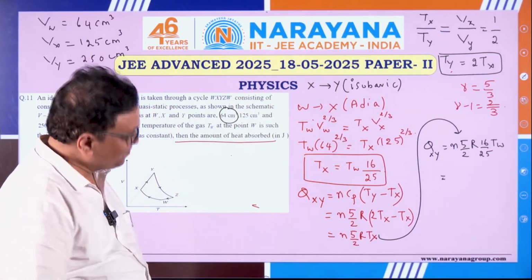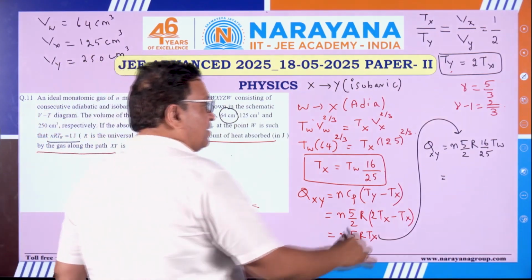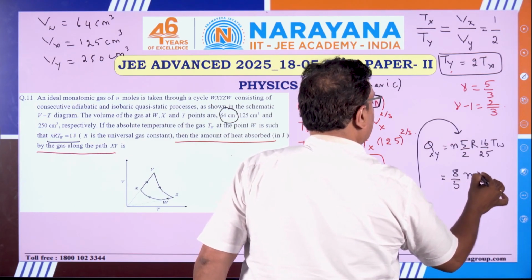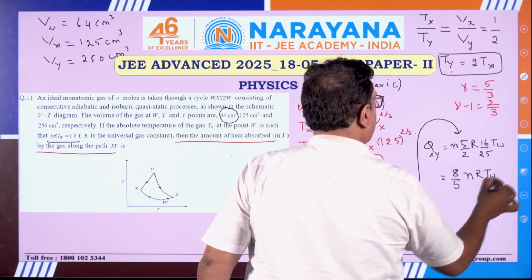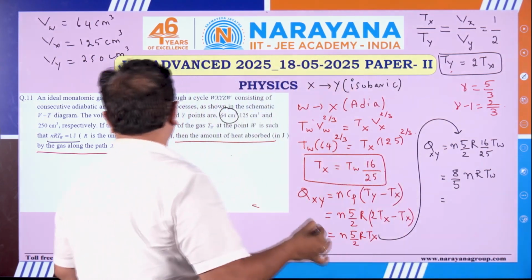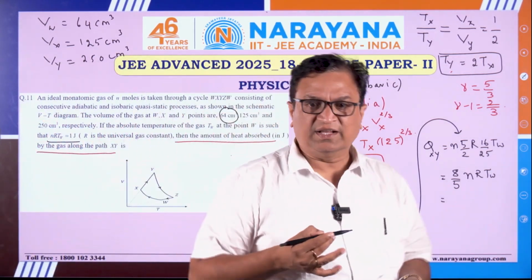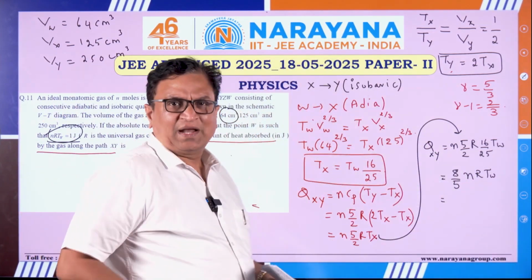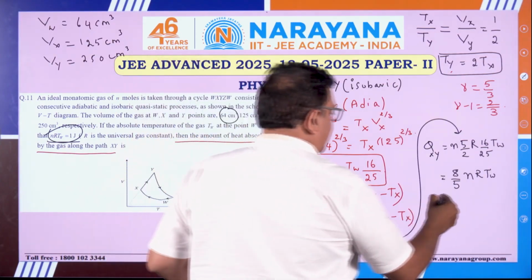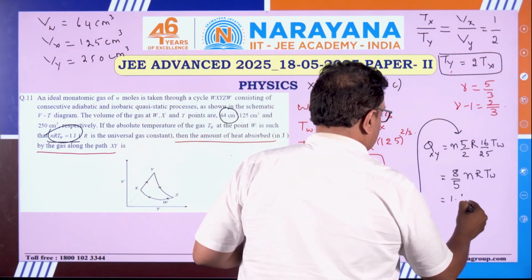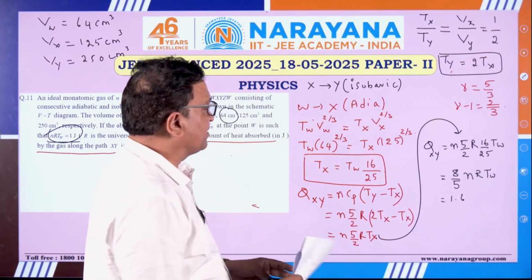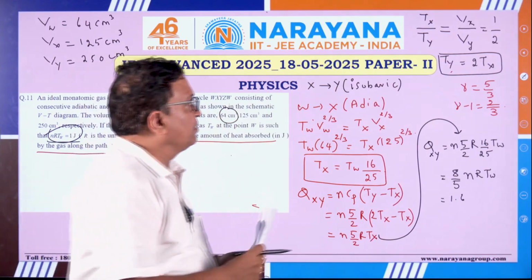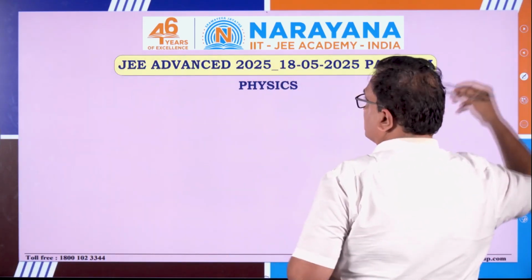Boys and girls, done. You have 8 by 5 times nR Tw. nR Tw is given as 1 joule in the data. So, I will substitute 1 joule, and finally this will be 8 by 5, 1.6 is going to be the answer for this. 1.6 joule. A very good question. We will move on to the next question.